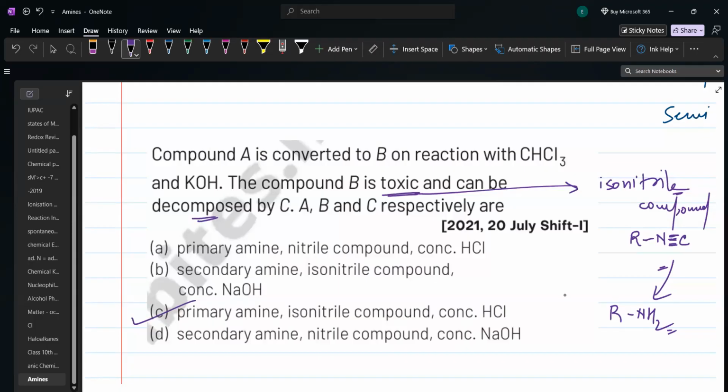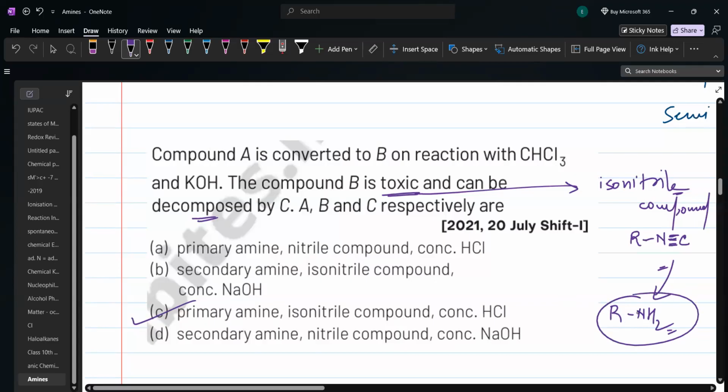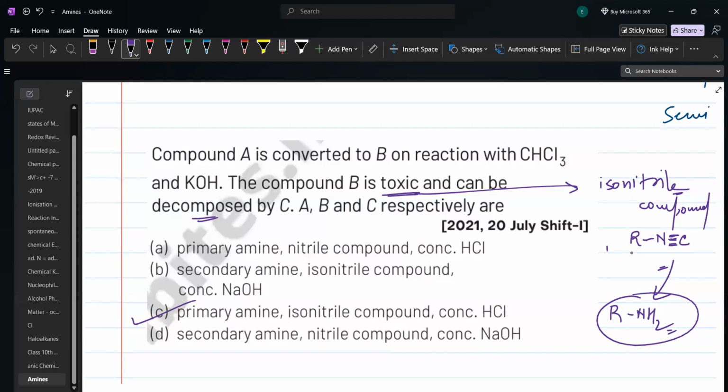So when you react with acid, it will form this RNH2. And how is isonitrile formed? Isonitrile can only be formed by 1 degree amine. Okay. Yes, sir.